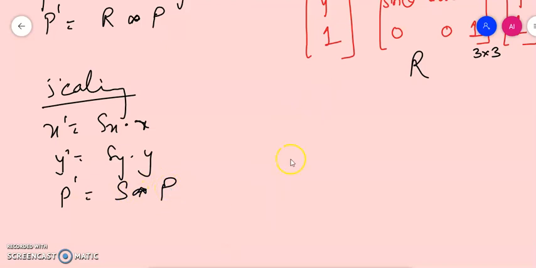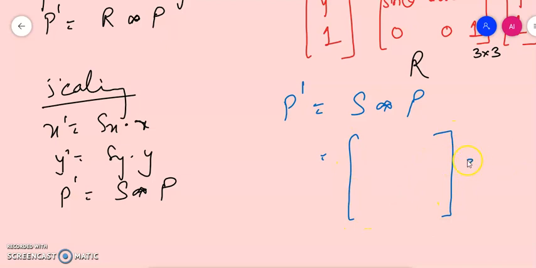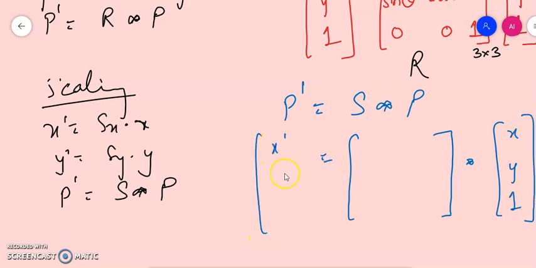So my formula remains the same. It is P dash is equal to S multiplied by P. Now we need to identify what will be the matrix S, that has to be multiplied with a point matrix x y 1, so that I get my final output x dash, y dash and a 1.